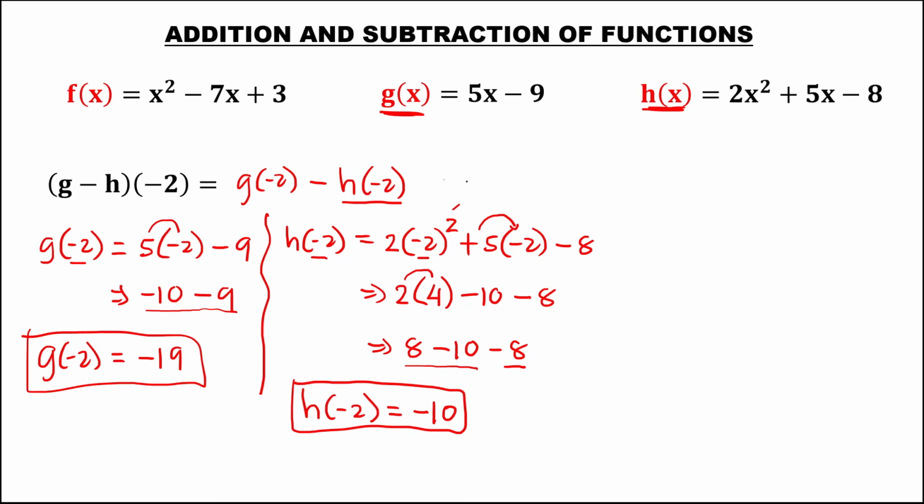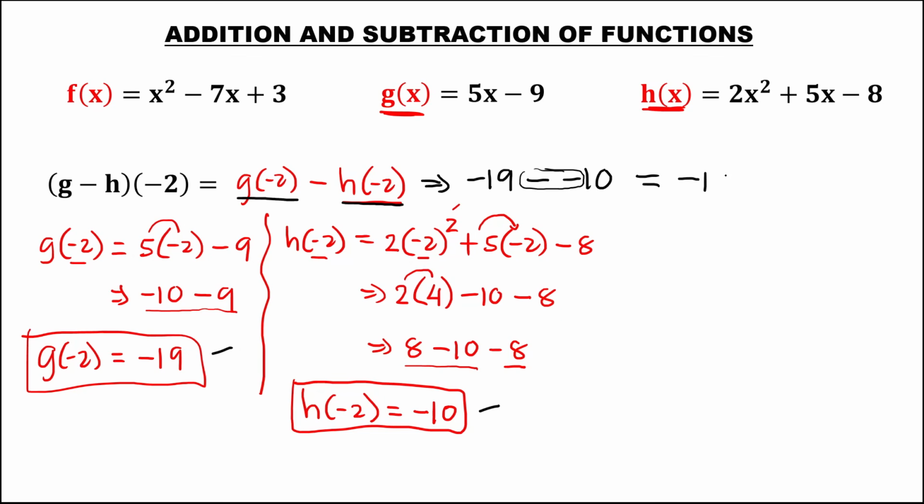Then this time we need to substitute now the value for g of negative 2, that's negative 19. Then minus h of negative 2, that's negative 10. Then observe, double negative, so this becomes positive.